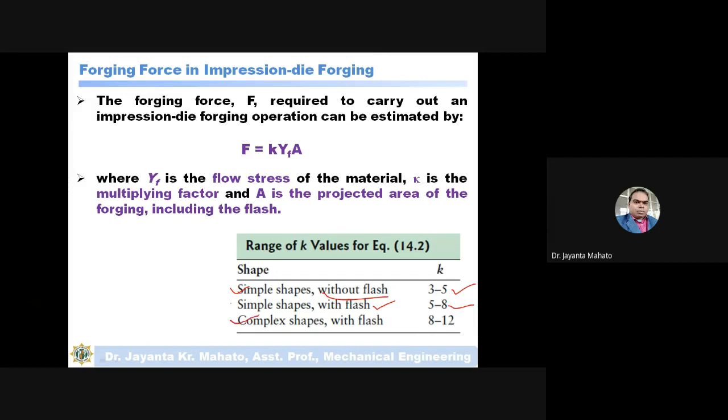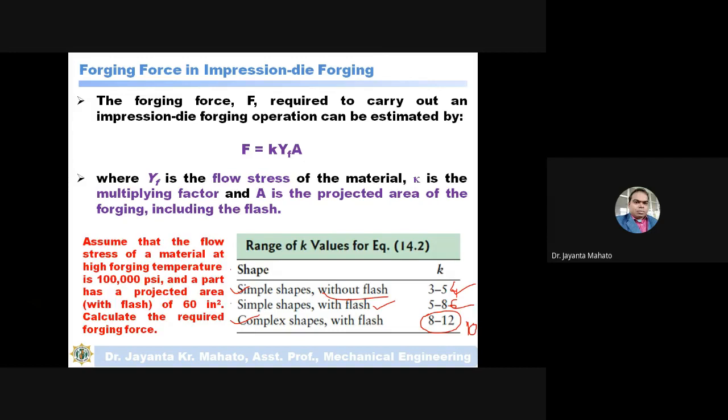And if the shape is very complex geometry and with flash, then the K value has to be taken between 8 to 12. You can take the K value 10 also. In this case you can take the K value 6, roughly. And in this case you can take 4, whatever. So you have to take 3 to 5.